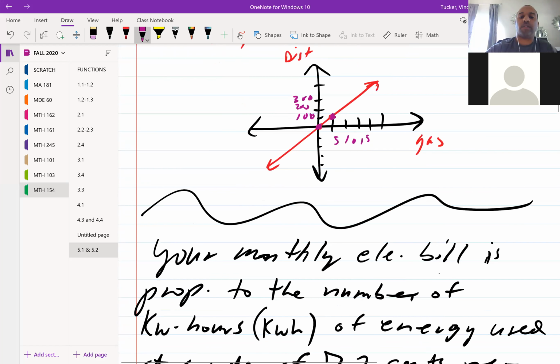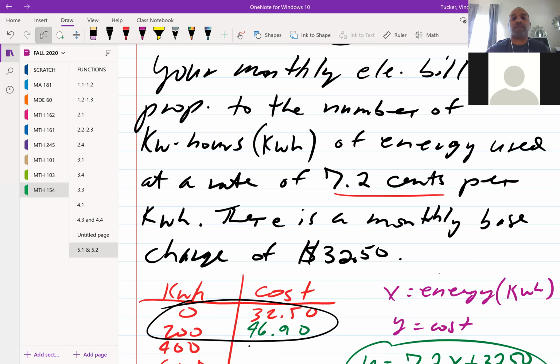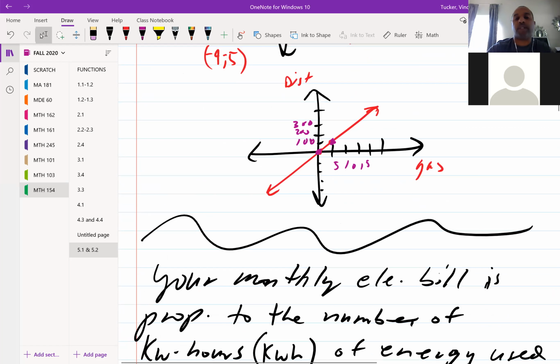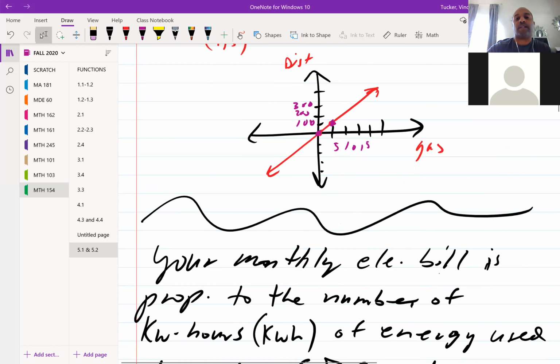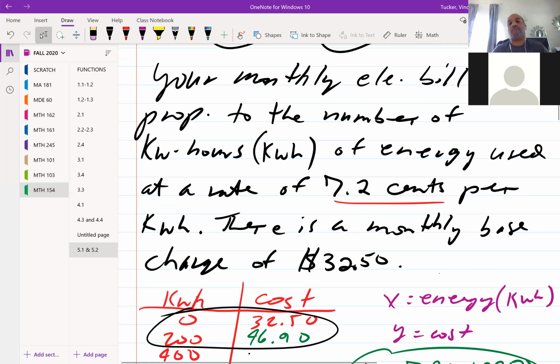All right, let's look at the next one. A lot of them are similar to the one that we just did, but this one adds another element to the problem. It says your monthly electric bill is proportional to the number of kilowatt hours, kWh, of energy used at a rate of 7.2 cents per kilowatt hour.